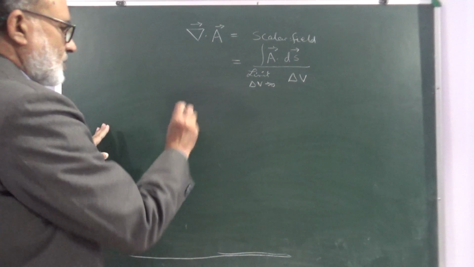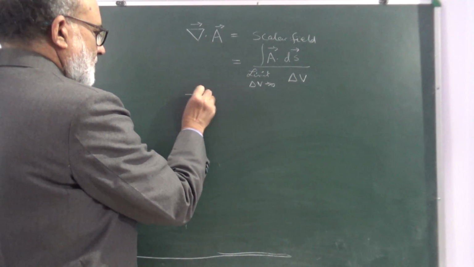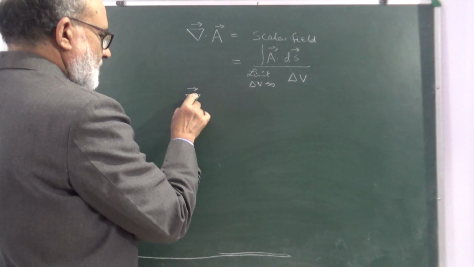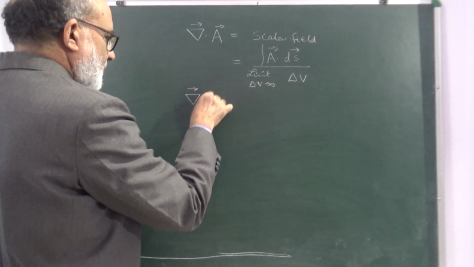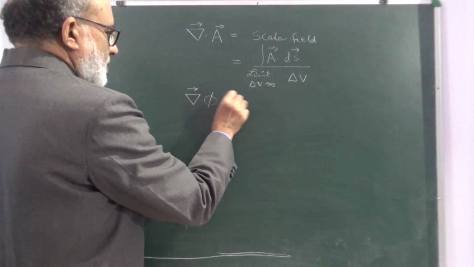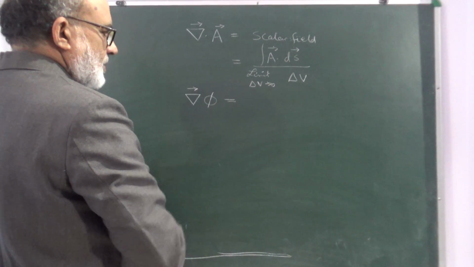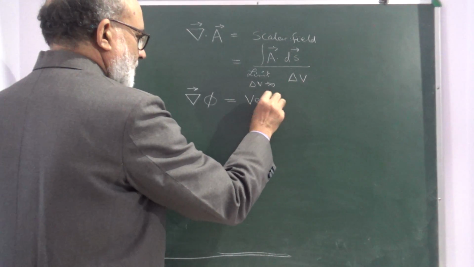Now today we will see what this operation results in when the del operator operates on a scalar field. This is called the gradient of the field phi, and this results in a vector field.